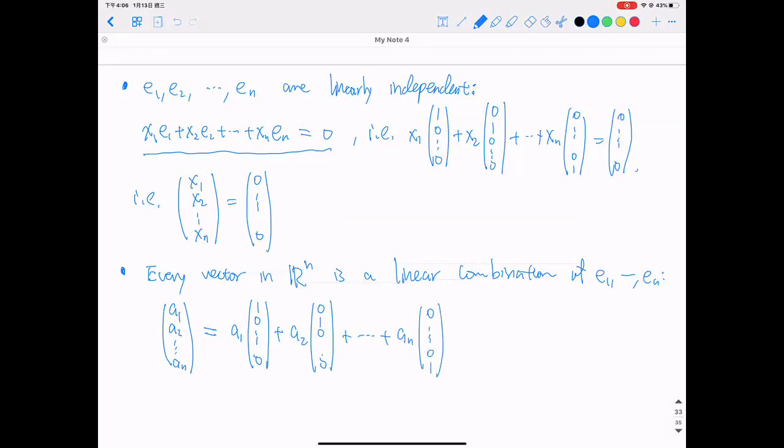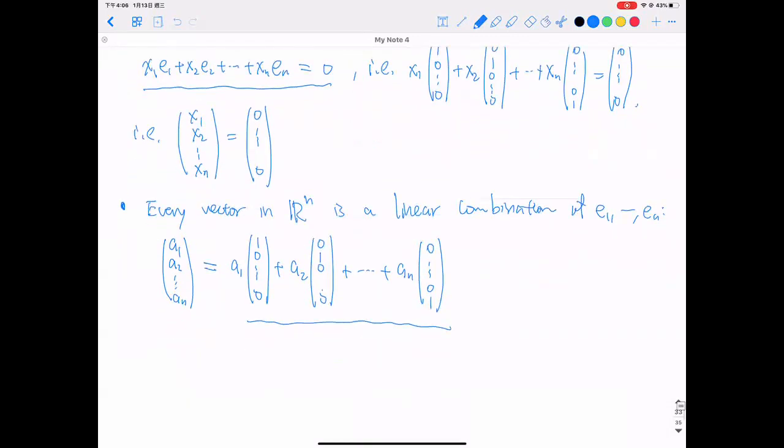Now, if you just compute the right-hand side, you'll see that it's indeed equal to the left-hand side. But the vectors on the right-hand side here are E1 through En. So that's how it works.